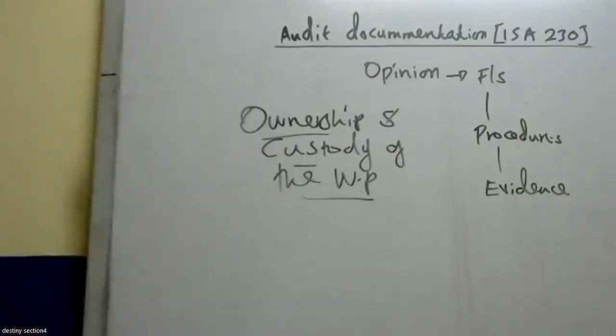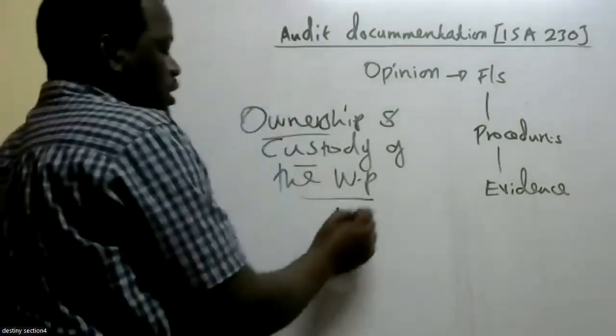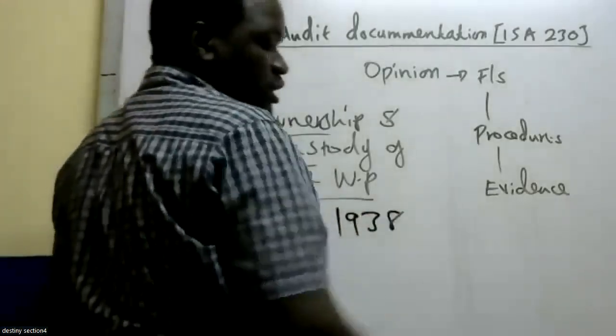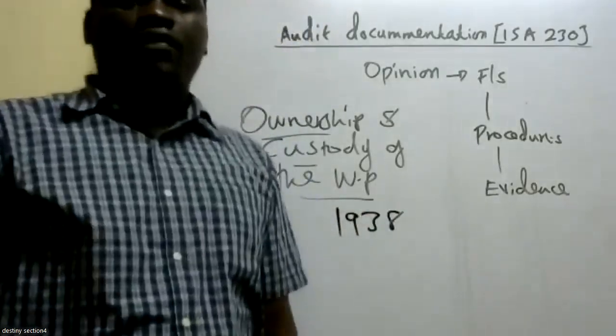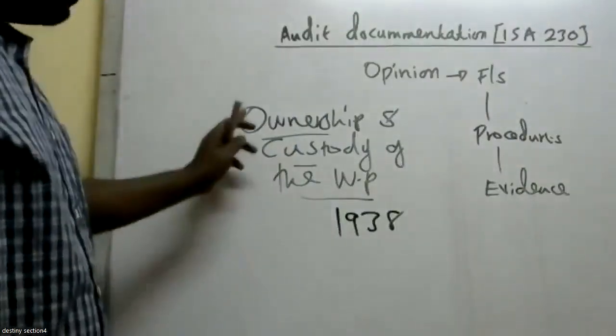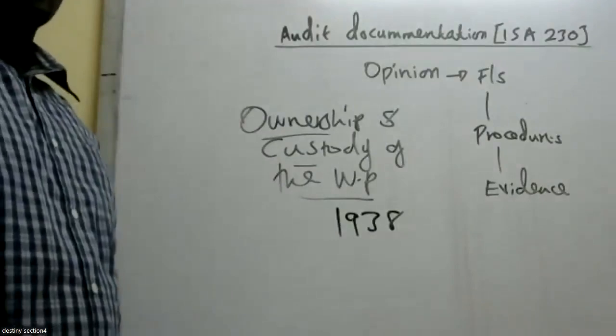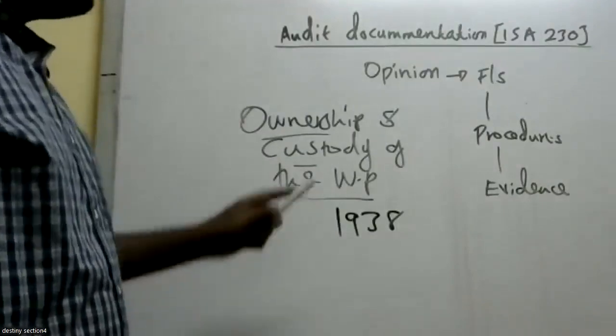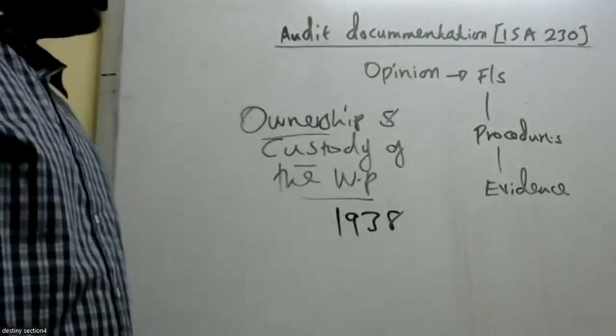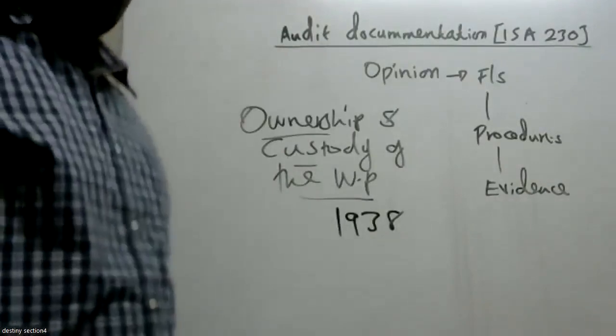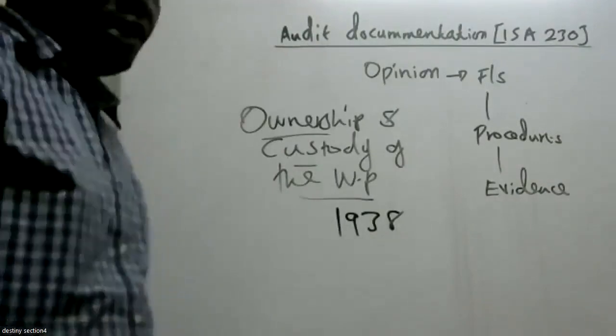This matter went to court in 1938. And the court ruled in favor of the auditor to be the one who should have the ownership and the custody rights for the working papers. ISA 230 also recognized the auditor to be the bona fide owner of the working papers.